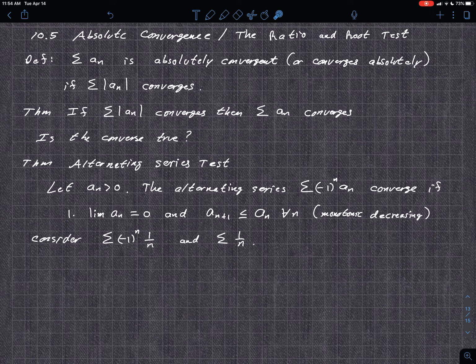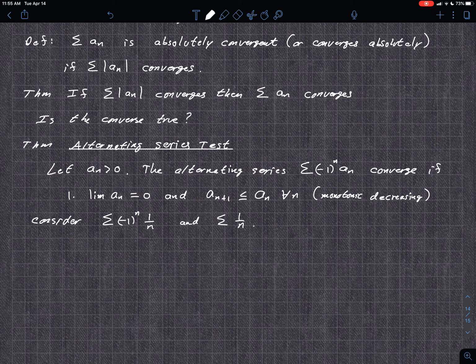That's the question. I'm going to jump ahead a little bit to the next section because I don't really like the order they put this in, but we'll do more on the next section, 10.6, later. But I did throw down here the most important theorem in that, and that's called the alternating series test, which is an interesting result, I think.